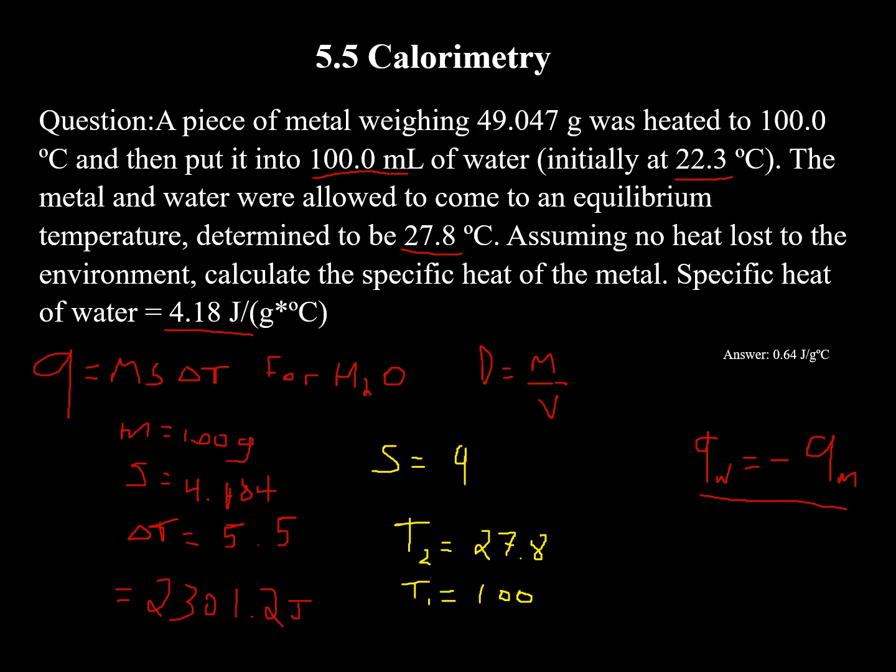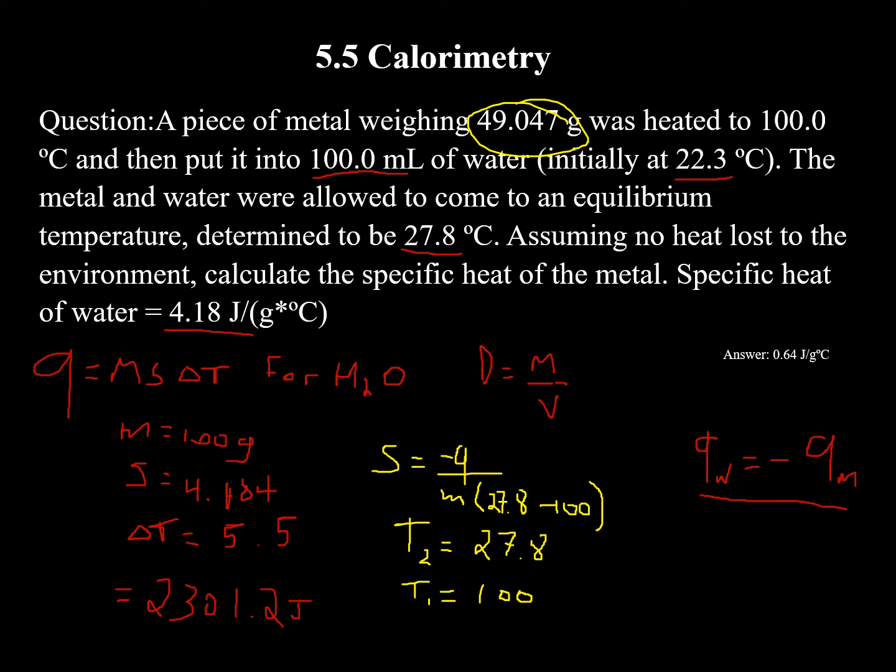So we plug in the values. Q equals, well, let's write out the equation for you. M is 49.047. Change in temperature, 27.8 minus 100. Q is now negative.